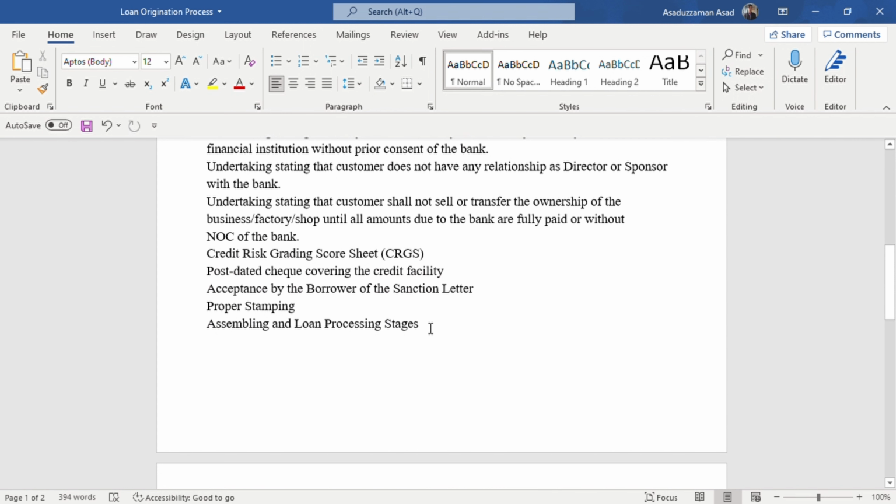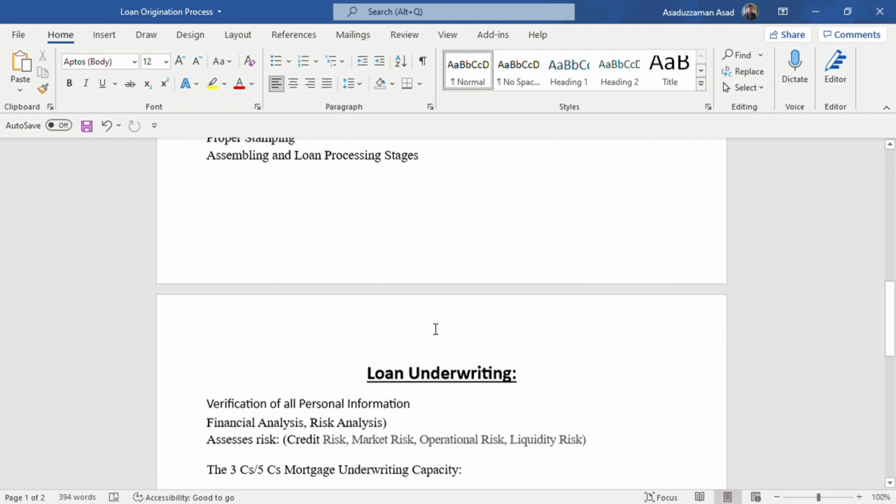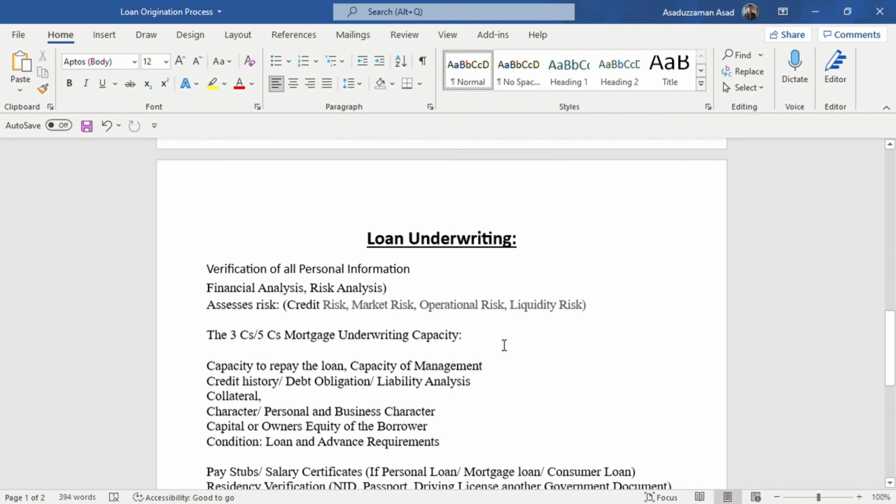We have come to the next stage, the loan underwriting process. The documents we have collected from the borrower or client, the client who will take the loan from the bank or financial institutions, the whole document will be analyzed or verified by the loan underwriter.